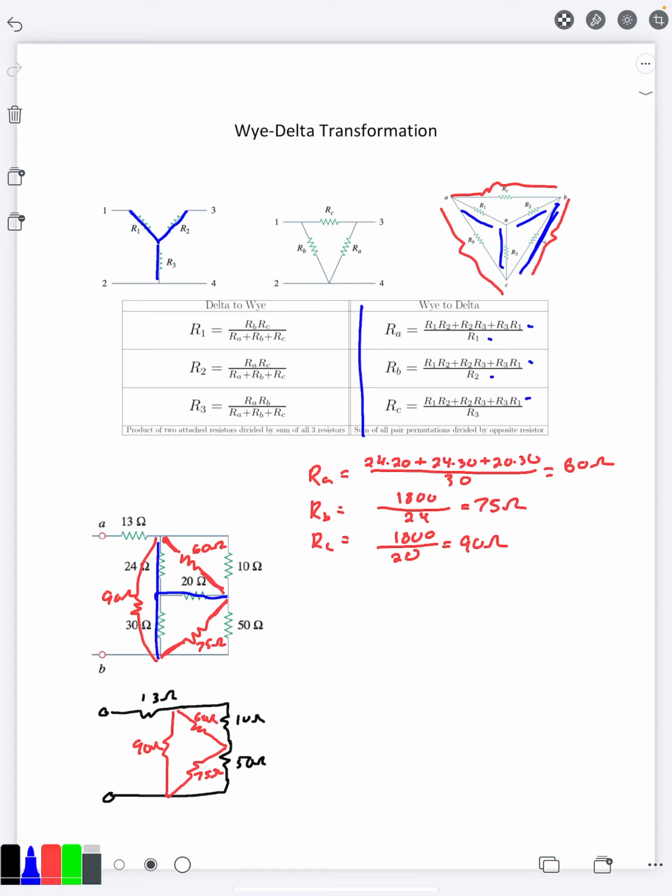At this point in time, once we've converted it, these two are now in parallel. So we have 60 in parallel with 10. 60 times 10 over 60 plus 10. That's going to be 600 divided by 70. Doesn't work out nicely. I'll go ahead and leave it here. So 13 ohms, and we had 600 divided by 70 is 60 over 7.